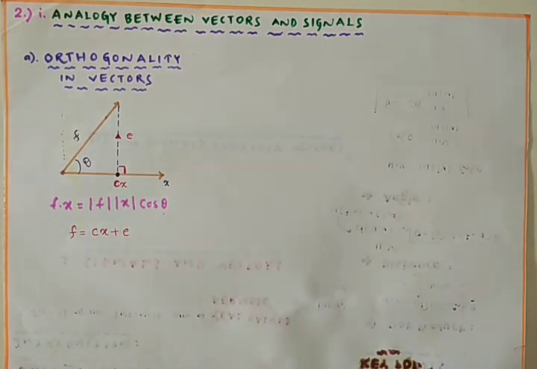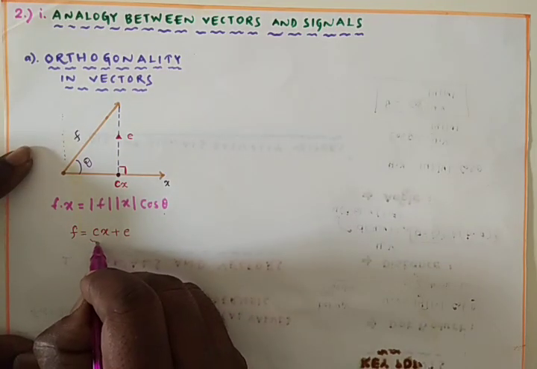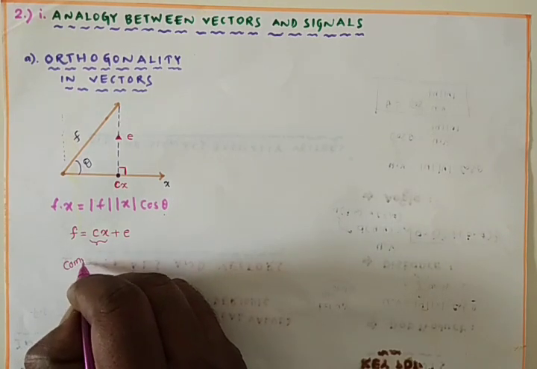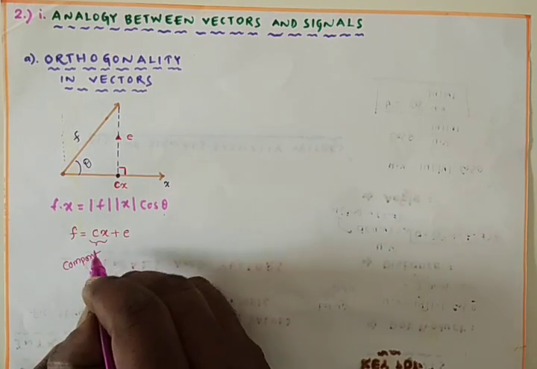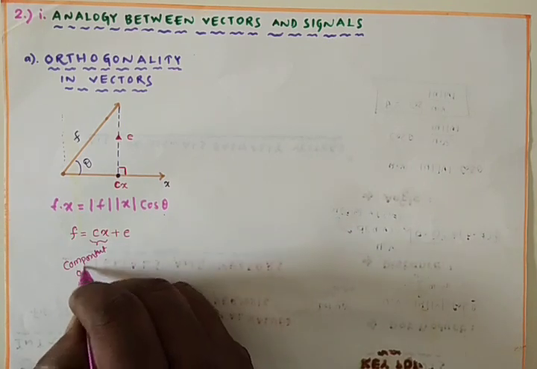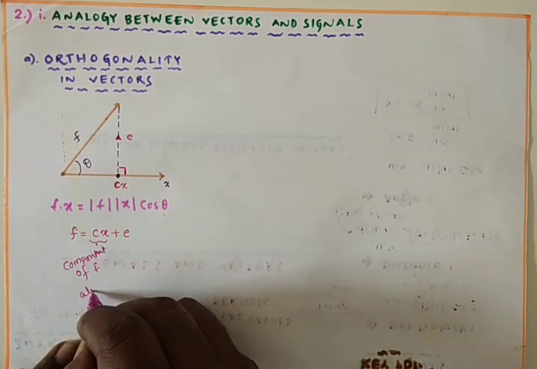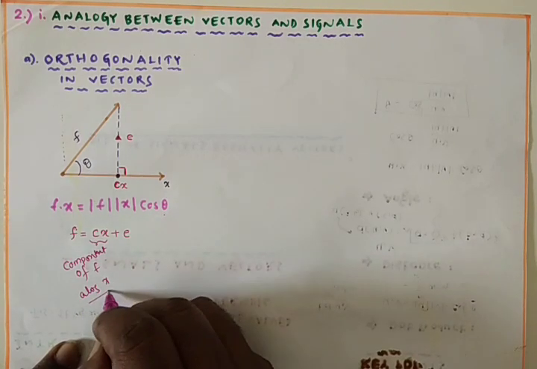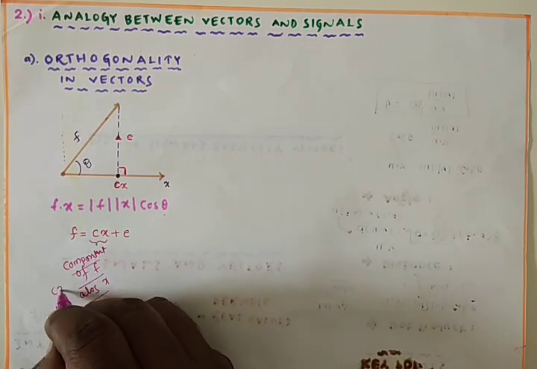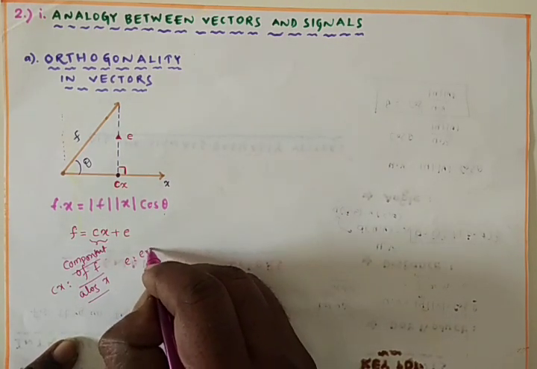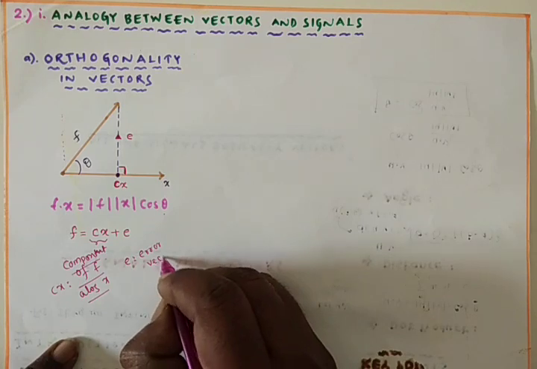And from this we can write that Cx is the component of f along x, whereas E is the error vector.